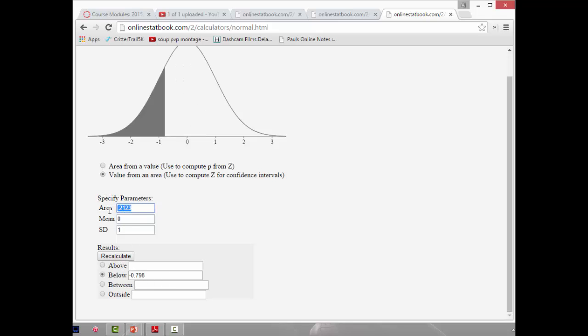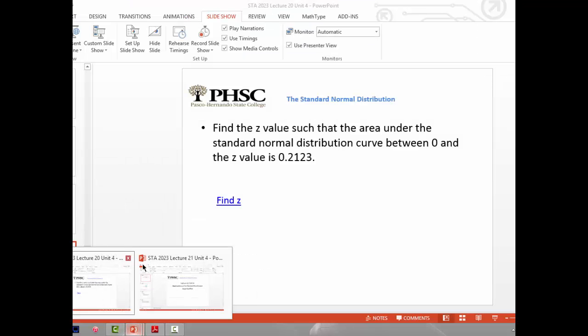What I really want is from 0 to 0.2123. But if I do below, it gives me all of this that's below 0, which I don't really want, but I know that that's 0.5. So if I add 0.5 to the 0.2123, it gives me my value. You can do it either way. You can play around with it, but in some situations it's actually easier to use the distribution table.